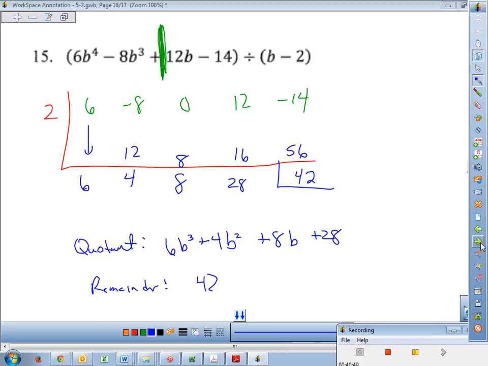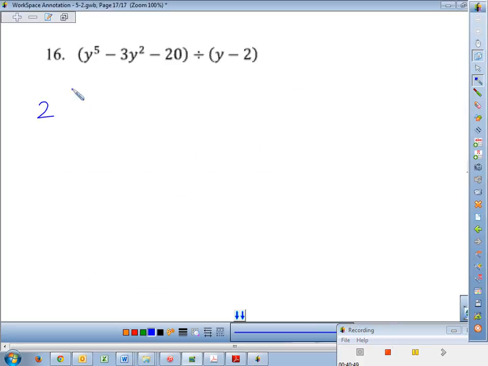Let's do the next one. How many numbers should you have in there if that's a fifth degree polynomial? You'd better have 6 of them in there.